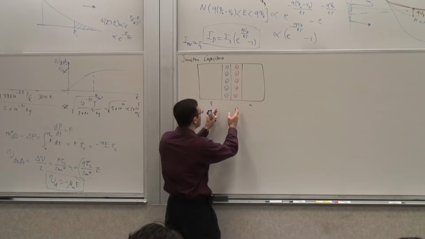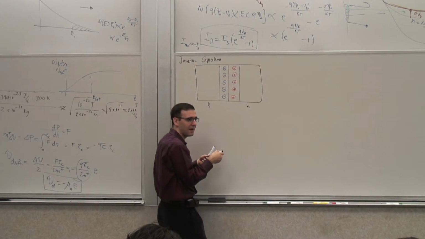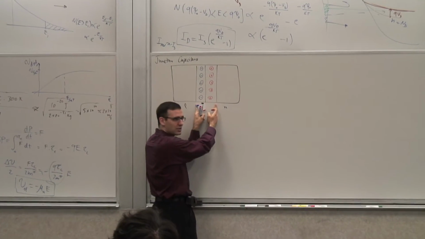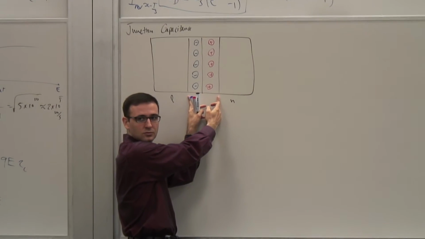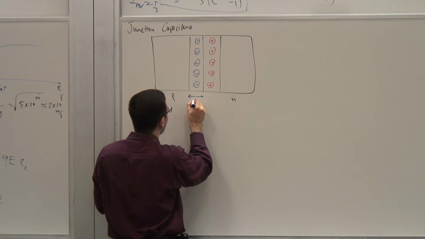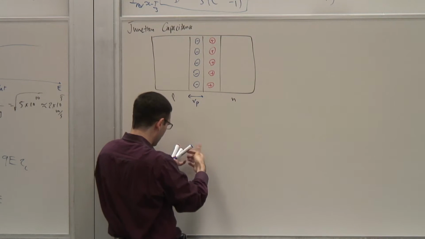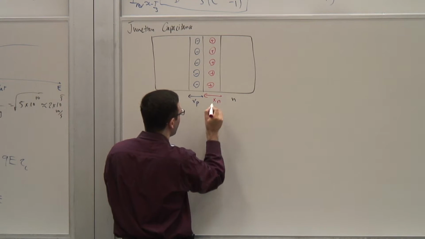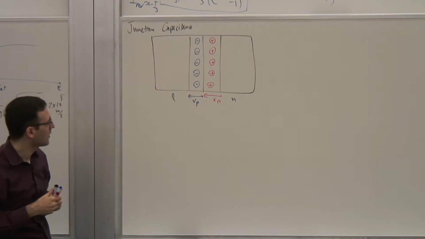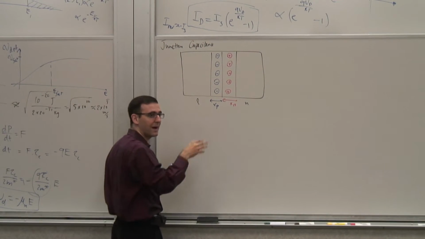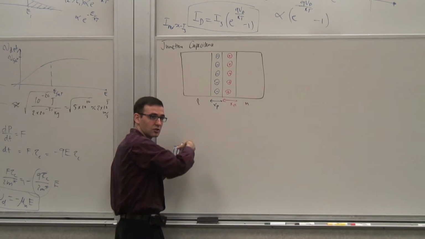And in that sense, where are the plates of this capacitor? Where is the change in the charge happening? It's here, at the edges of the depletion region. So if this part of the depletion region is called Xp, the length, and the depletion region on the other side is Xn, what is my total capacitance per unit area of cross section of this thing?